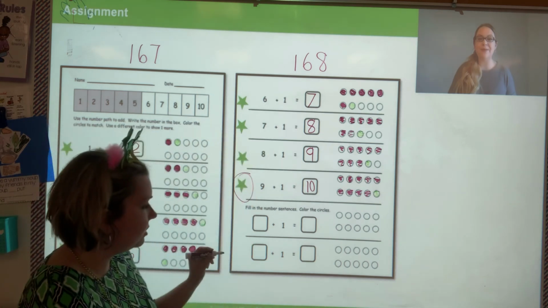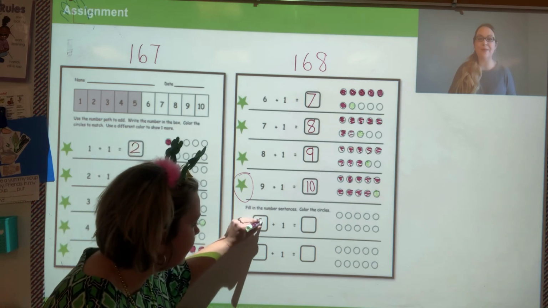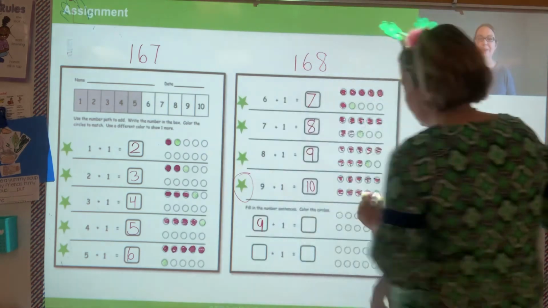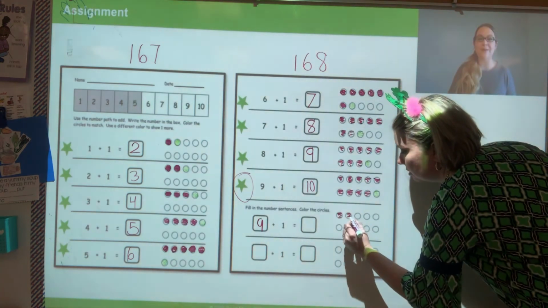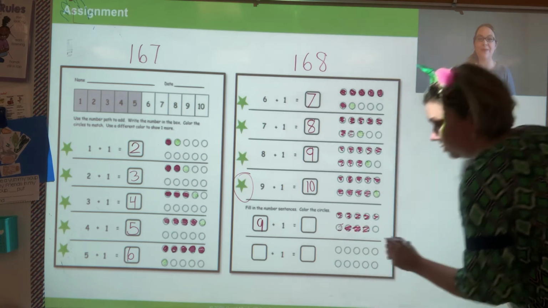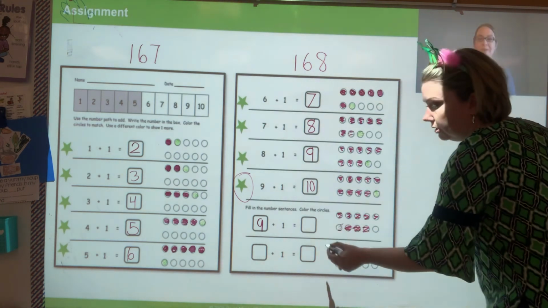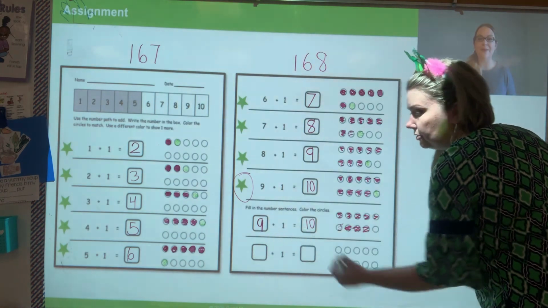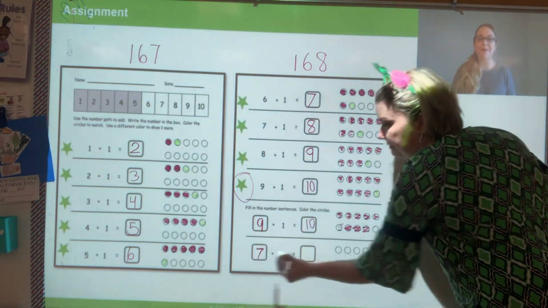Okay, let me see if I understand. So on this one you did 9 plus 1. So you colored in 9 circles, and you did 1 more a different color. And that's 10. So down here, just pick another number. Let's say you did 7.